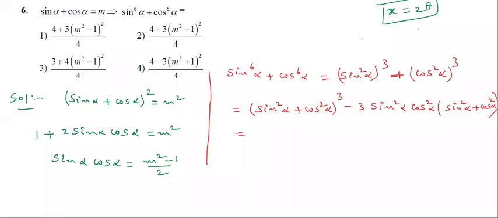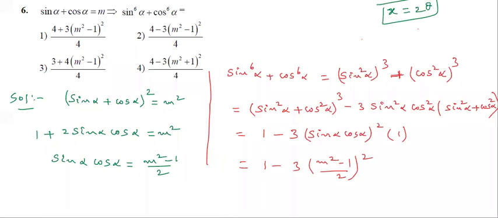Sin square alpha plus cos square alpha is 1, cube 1, minus 3 into sin square alpha cos square alpha, that is, I am writing sin alpha cos alpha whole square into 1 again. Now 1 minus 3 into m square minus 1 by 2 whole square.